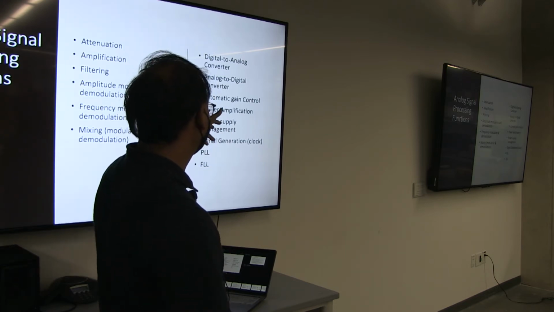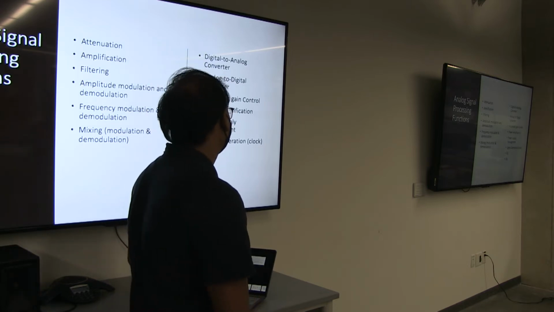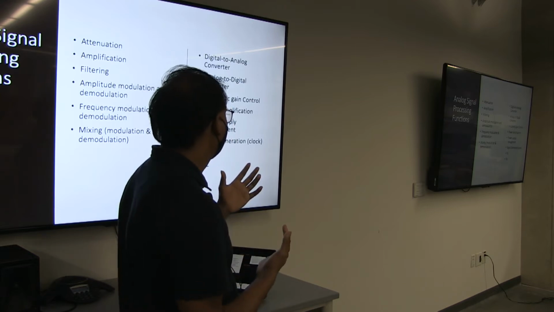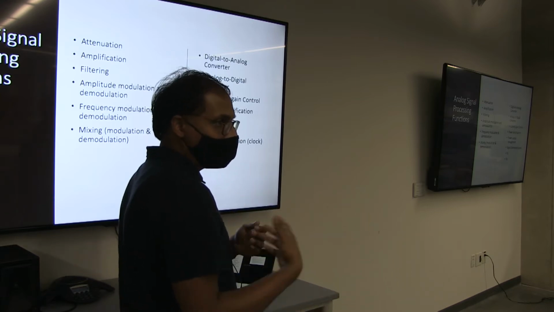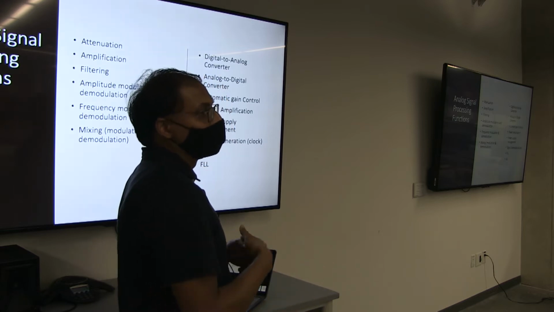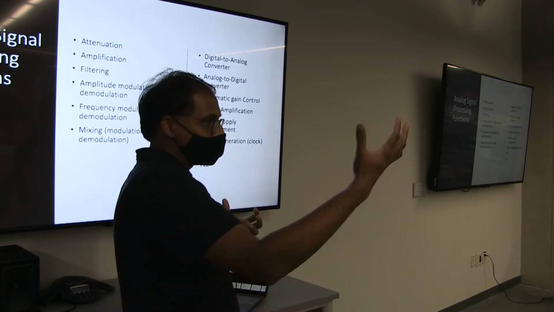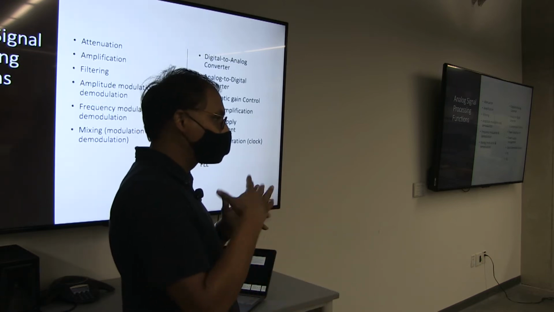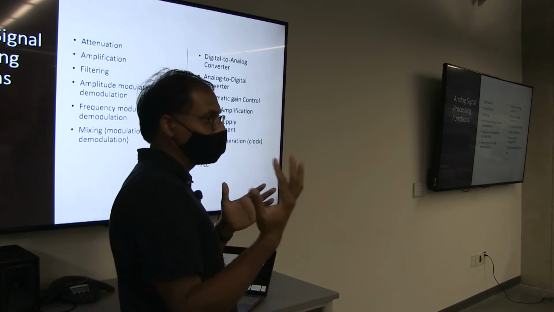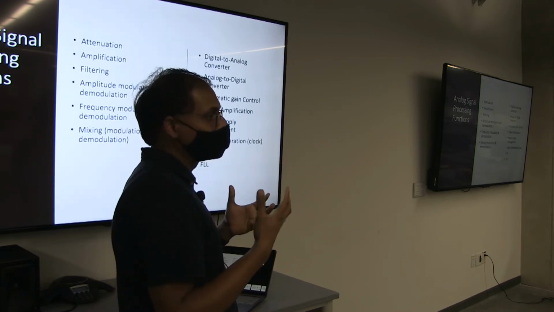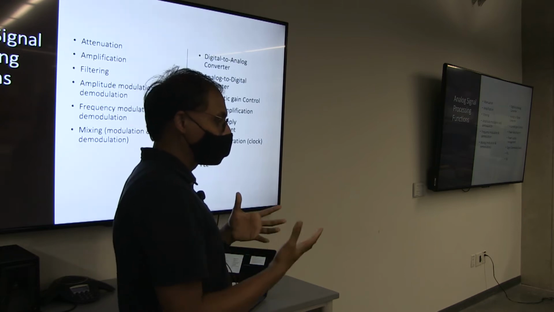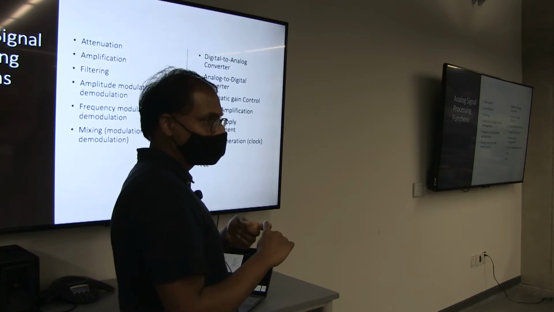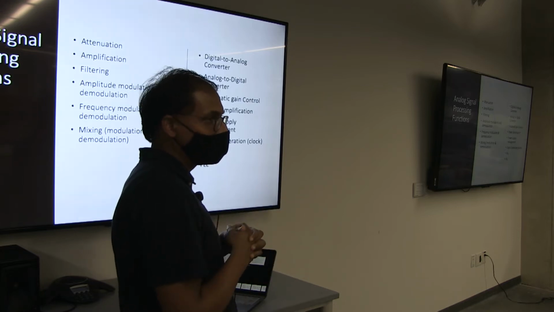We have some more functions, like the digital to analog converter and analog to digital converter. Whenever we interface with the real world, we'll need ADCs. If we talk about mobile communications, we get the signal in RF, which is an analog signal, and we digitize it and then use DSP and other digital tools to demodulate or do any other functions, which saves energy, and they're also more noise immune when done in digital.